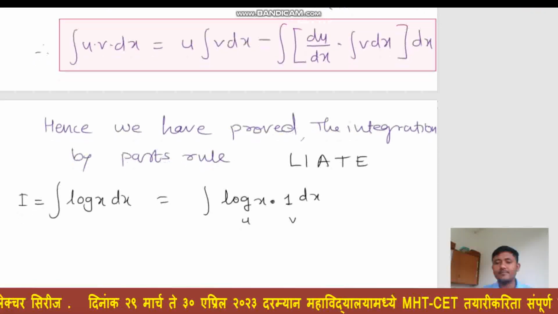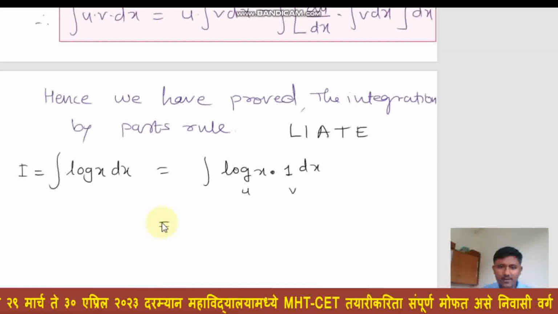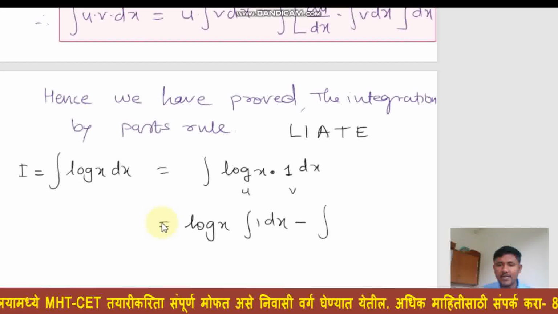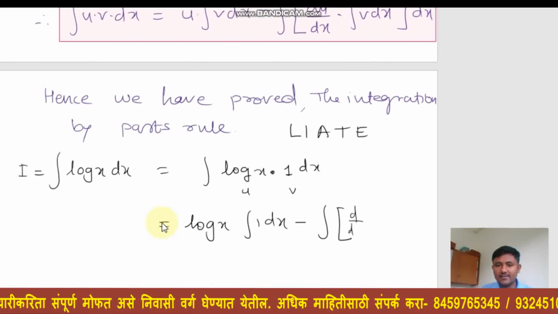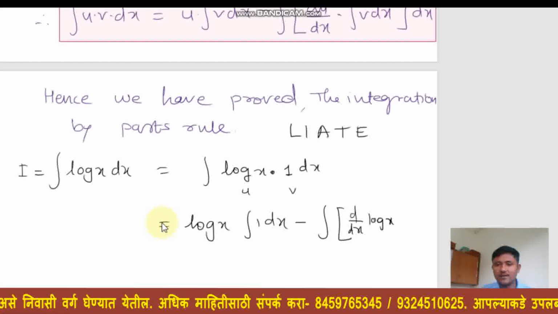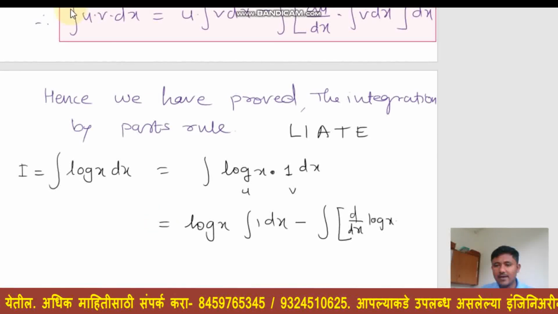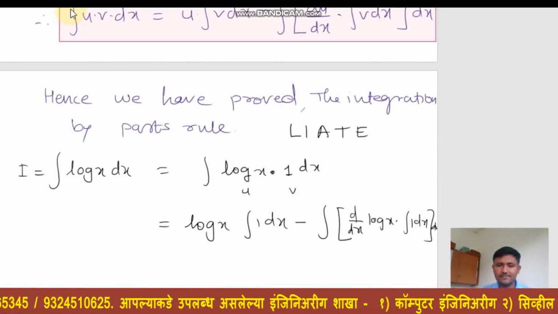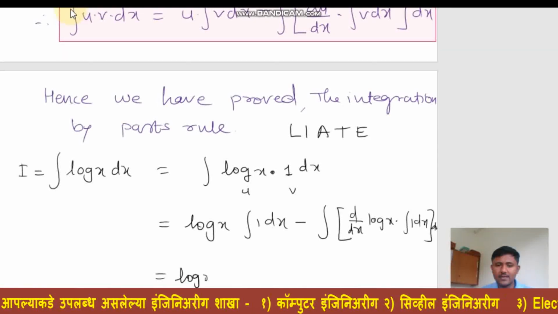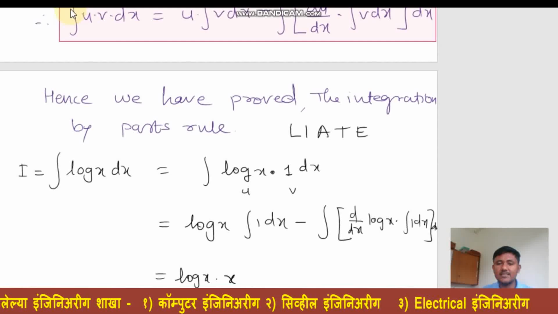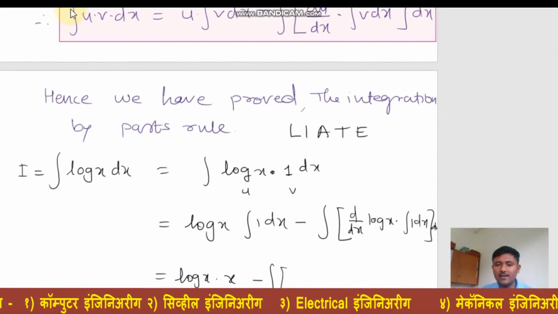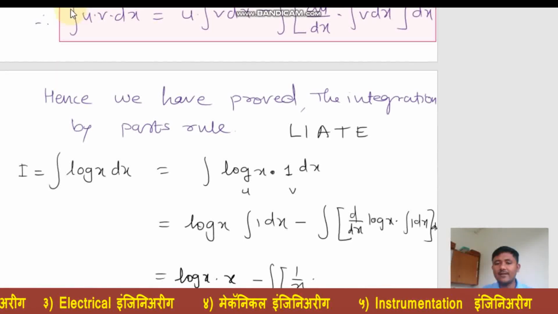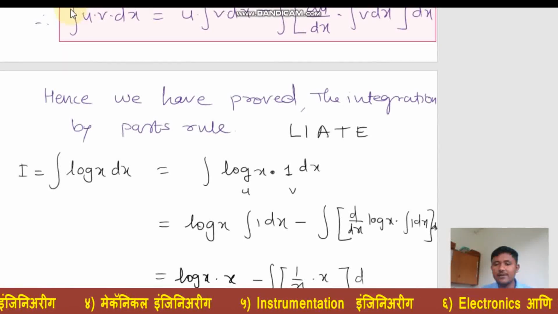Using this, we arrived here: log of x into integral 1 dx minus integral of d by dx of log x into integral 1 dx, into dx, is equal to log of x into x minus integral of 1 upon x into x, into dx.